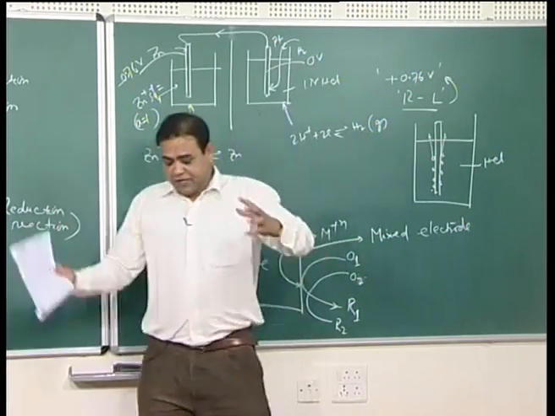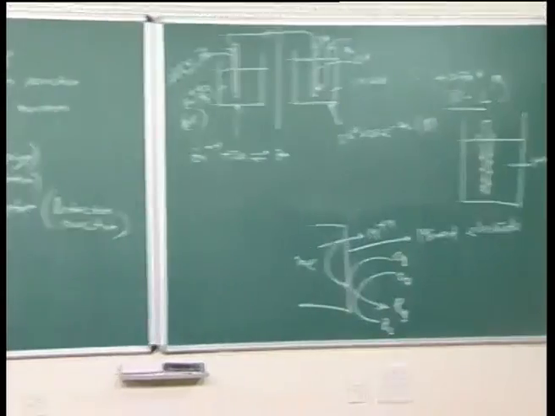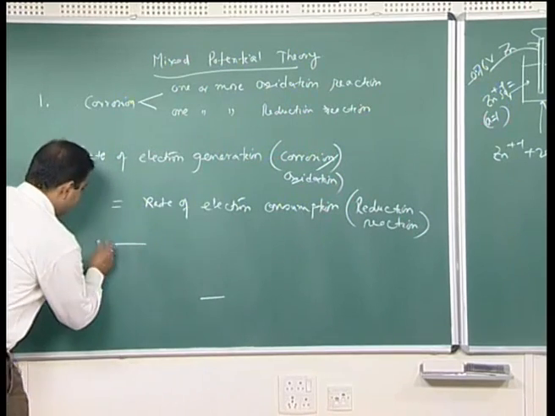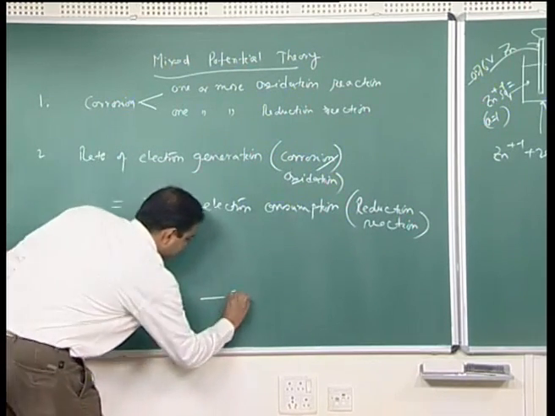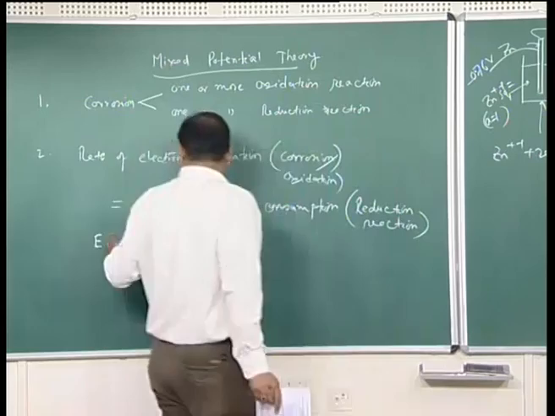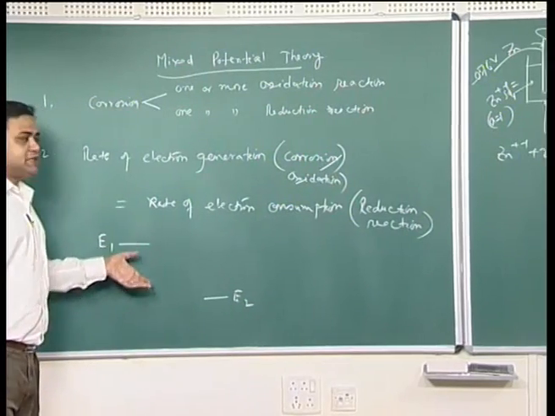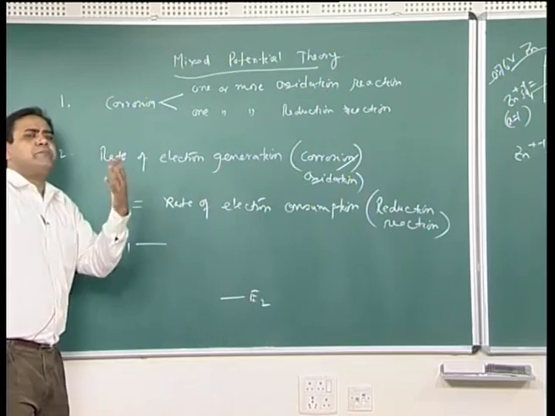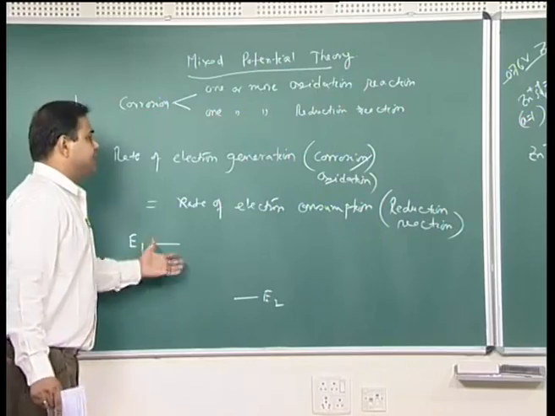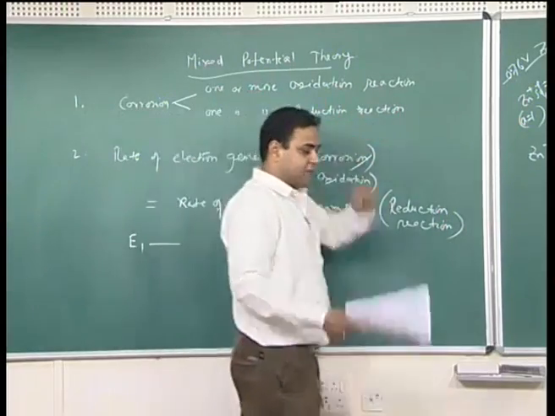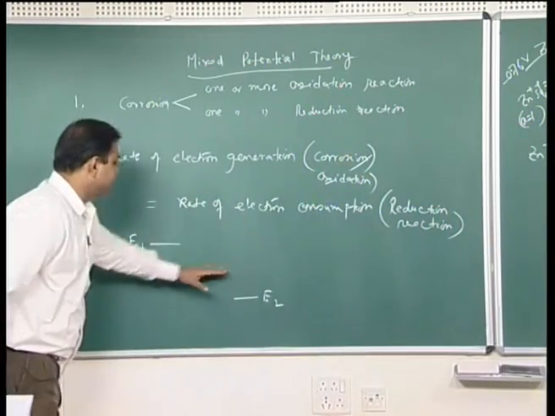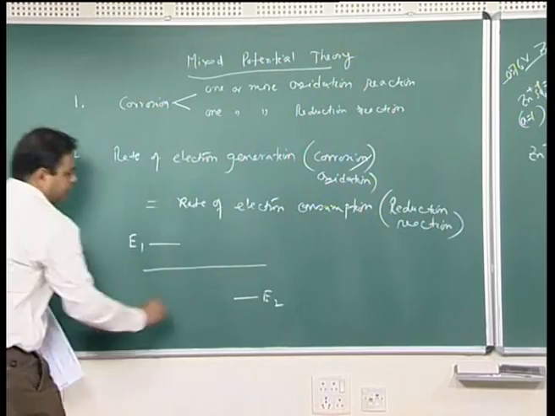But if you connect these two systems, you have two energy levels, E1 and E2. Gradually they will try to come to a midpoint where the energy level becomes equal. The system does not allow different energy levels when connected, and on its own it will reach some energy level, which is E.